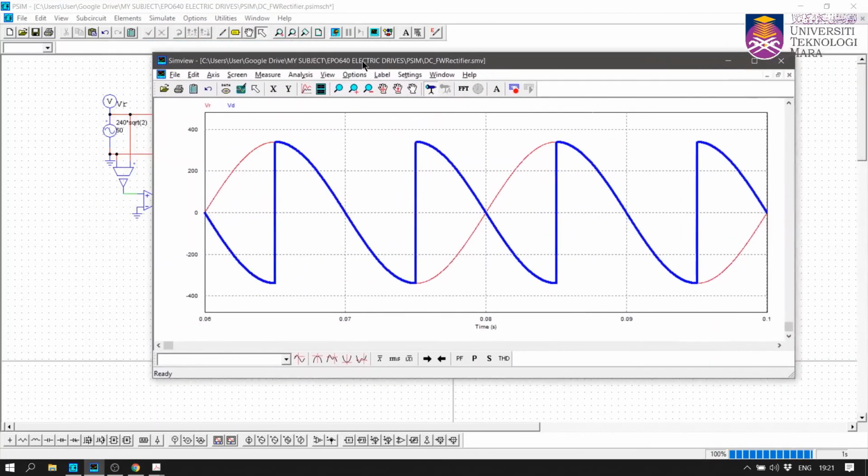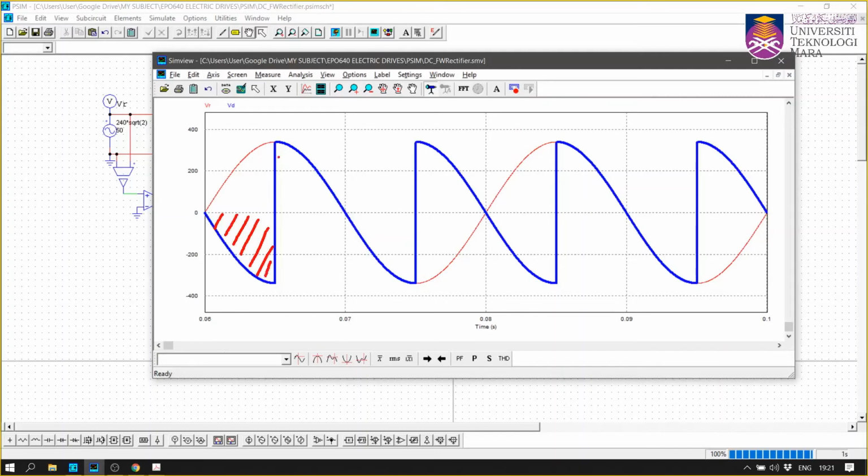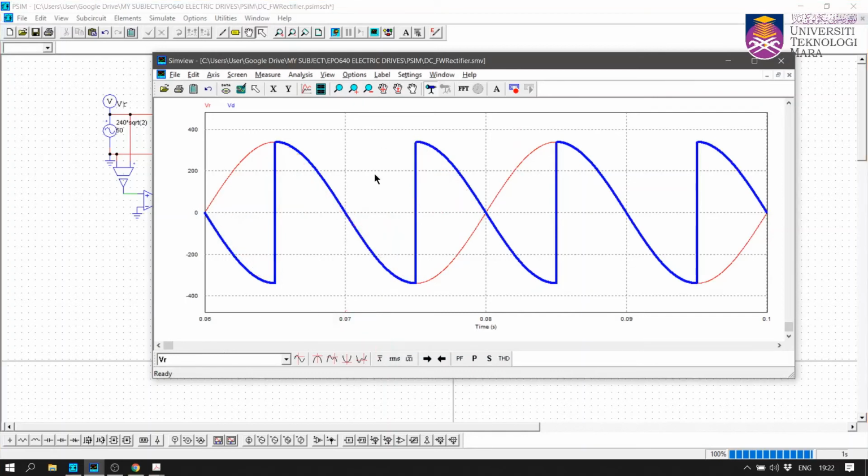If you look closely at 90 degrees, the positive area and the negative area are equal, aren't they? They are equal areas, so it cancels. Therefore, Vt equals 0 at alpha equals 90 degrees. The average output voltage equals 0. Remember, we still have a continuous current flow.